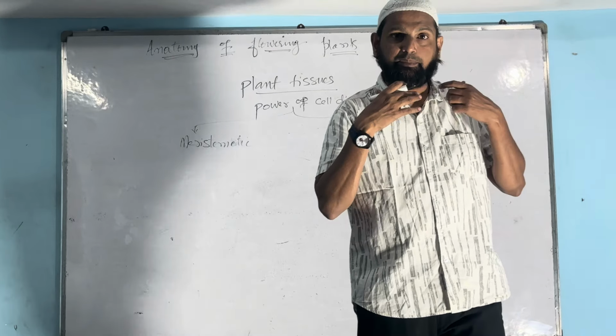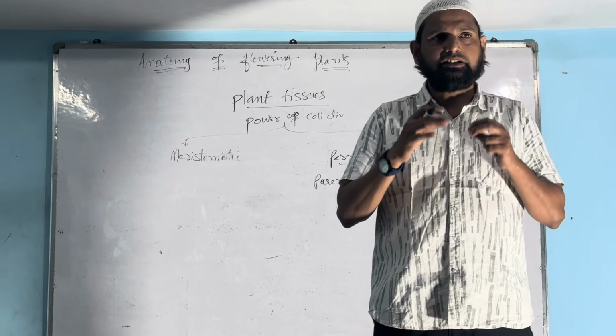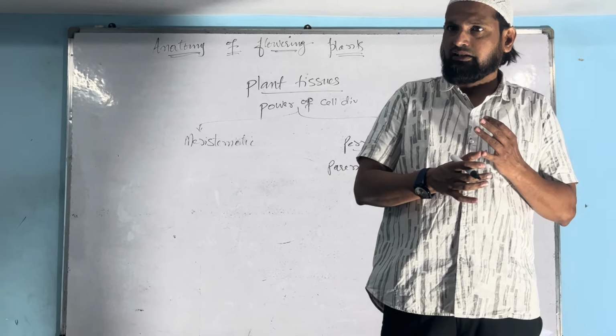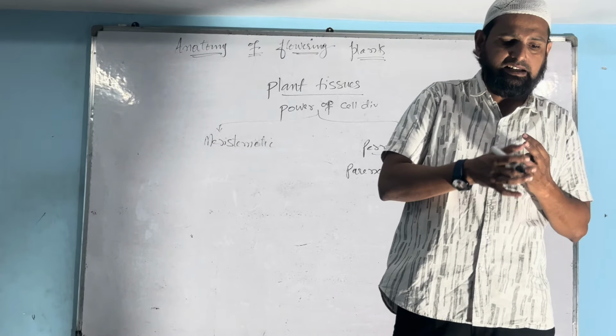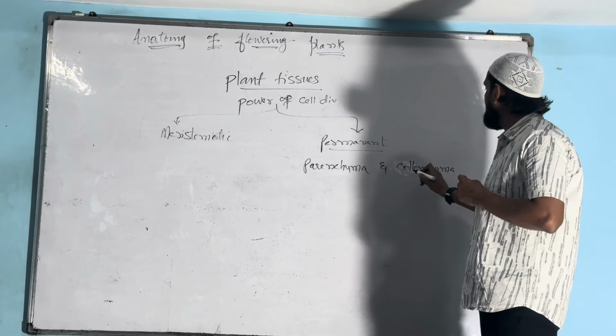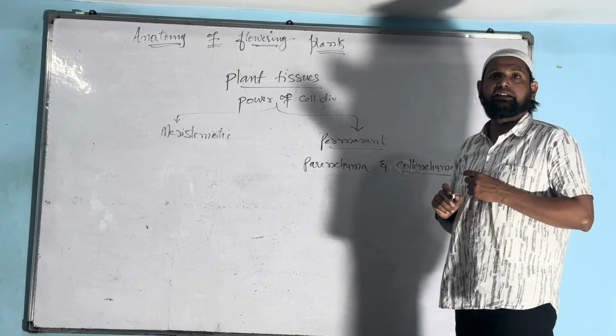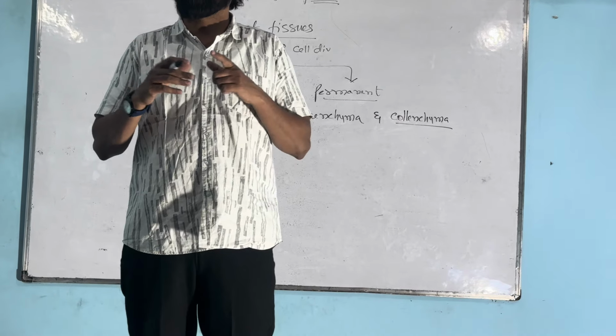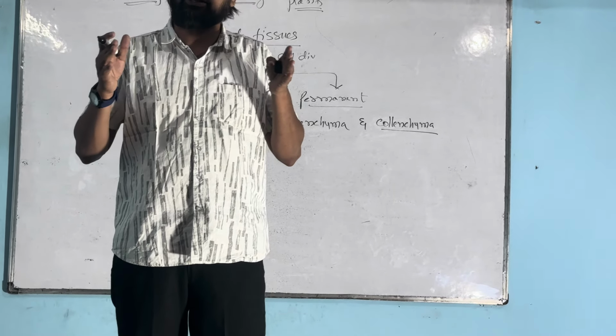The best examples are medullary rays, endodermal cells and cortical cells. Whereas collenchyma tissue, which is present in the hypodermis of the dicot stem, also has the ability to divide during secondary growth.